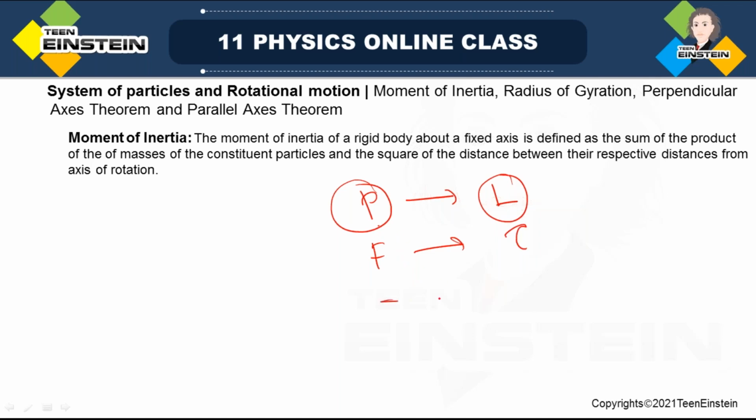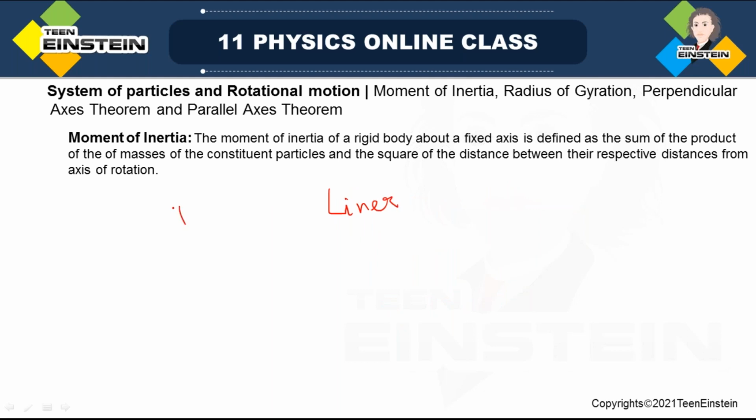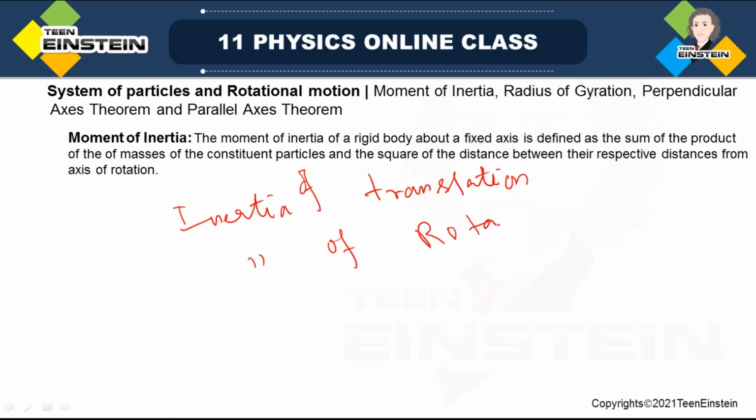There are direct correspondences: linear momentum is analogous to angular momentum, force is analogous to torque, etc. Then, if we have inertia of translational motion, there must be inertia in case of rotation also, right?